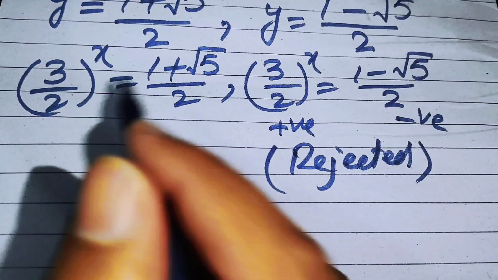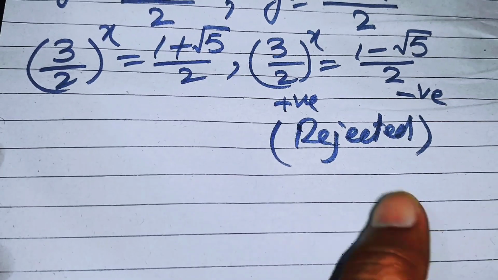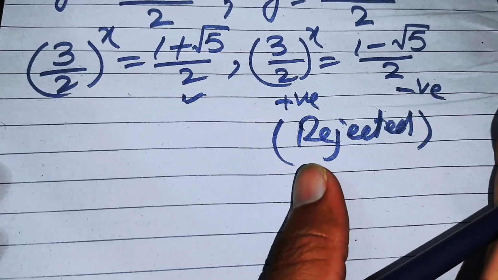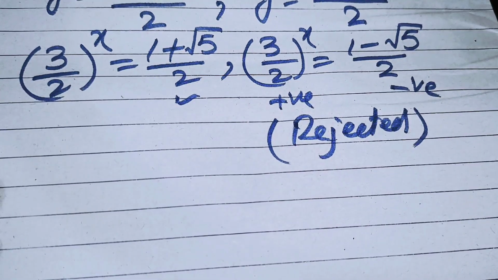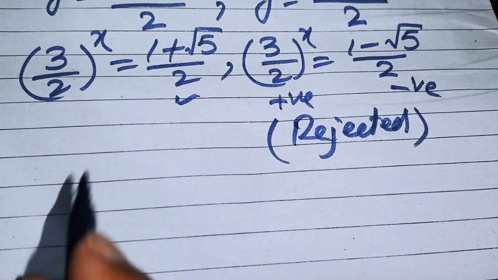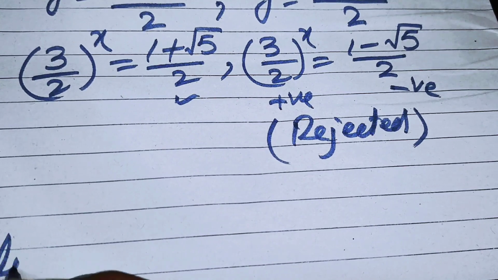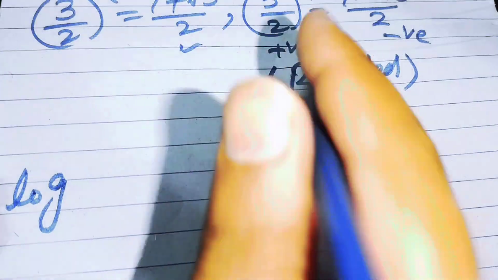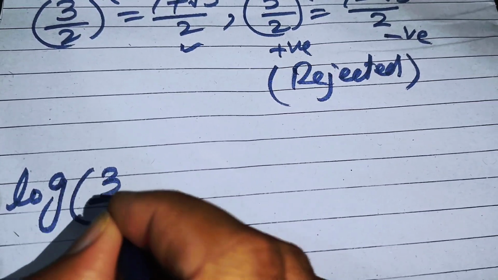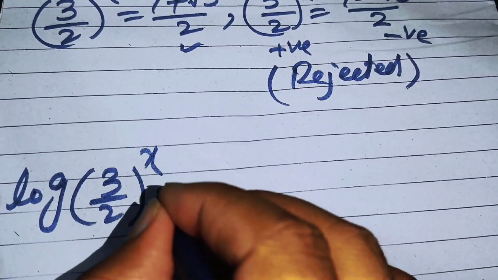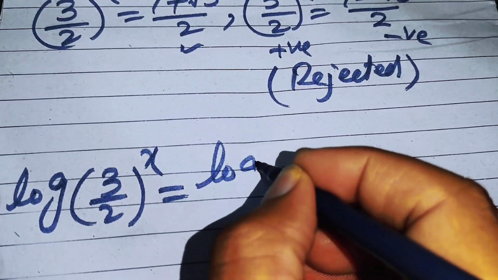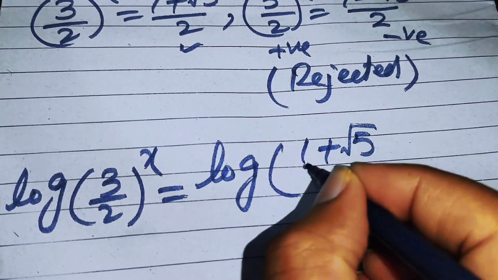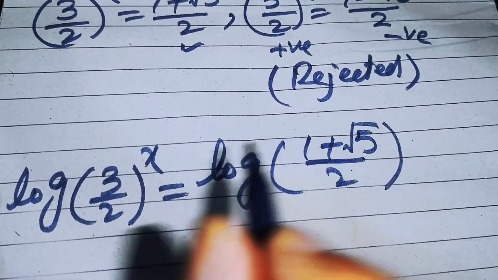So in order to find the value of x, we will take the log on this term. So when we take the log, it becomes log of 3 over 2 to the power of x is equal to log of 1 plus square root 5 over 2.